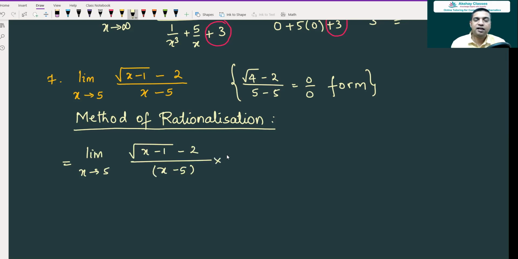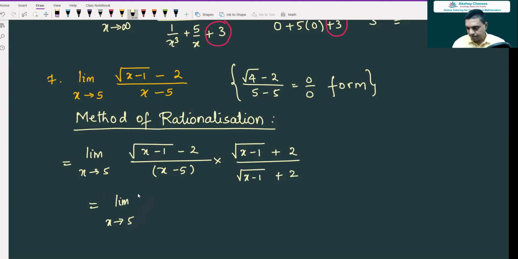So we multiply and divide by the conjugate surd. This is a minus b. We are multiplying with a plus b, so that it becomes a square minus b square. So that the under root is removed.